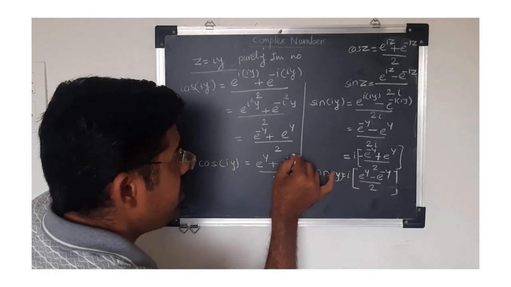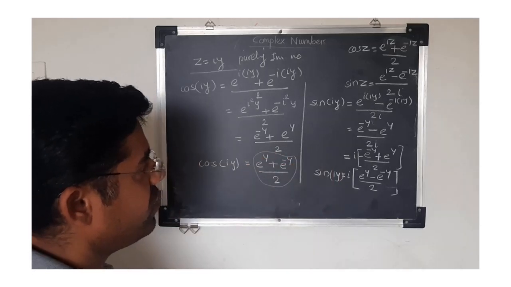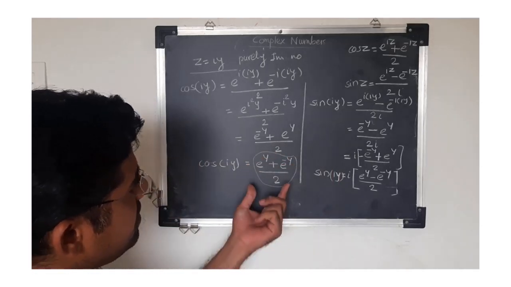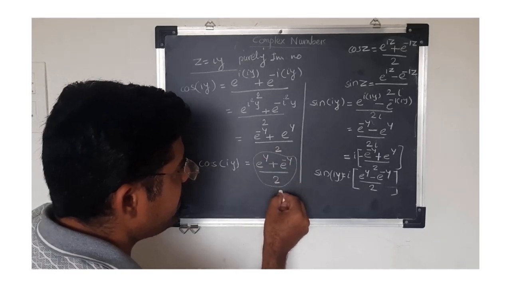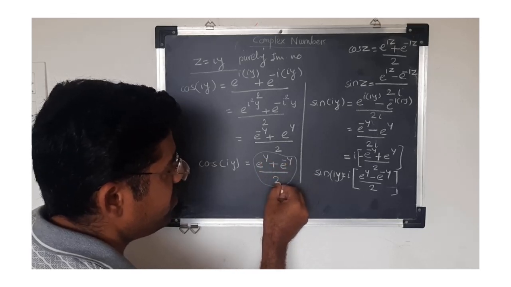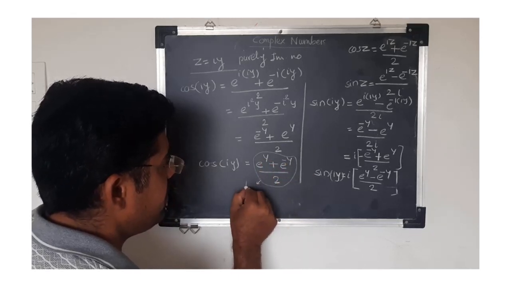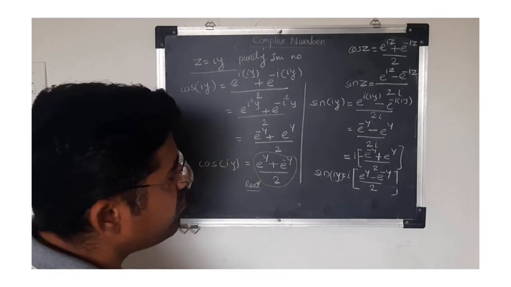Now what does this term indicate? This is a real number; no complex term is present here. e raised to y plus e raised to minus y divided by 2 is a real number, and here is also a real number.